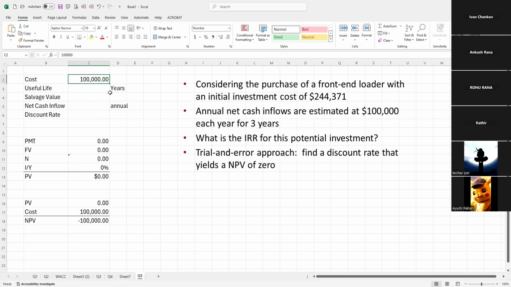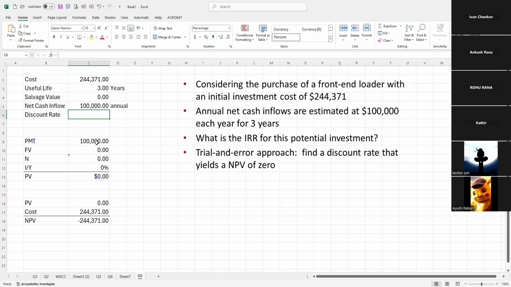I have the cost. Cost is 244,371. Do I know how many years? 3 years. Do I know my salvage value? No, there's no salvage value, right? Do I know my net cash inflow? 100,000, 100,000 every year.